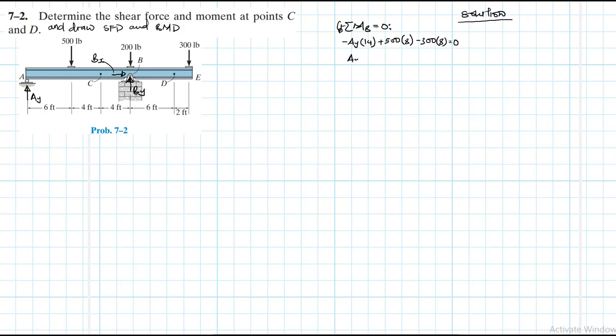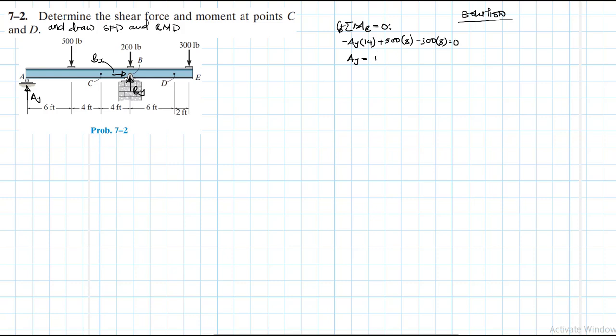Therefore, AY is just going to be equal to 500 by 8 minus 300 by 8, then divided by 14.